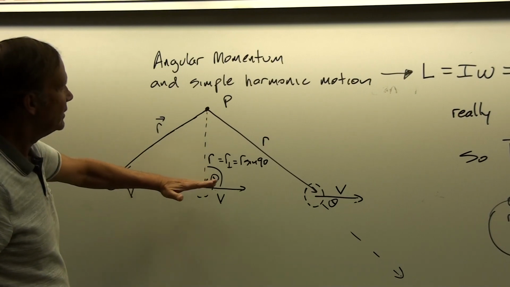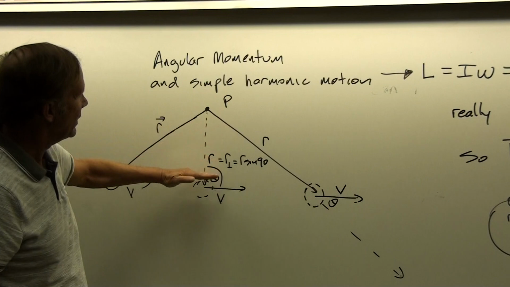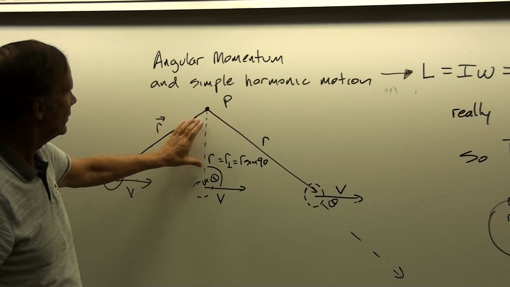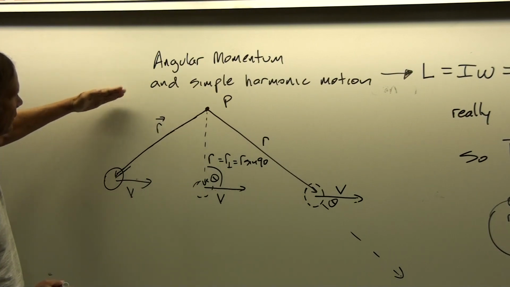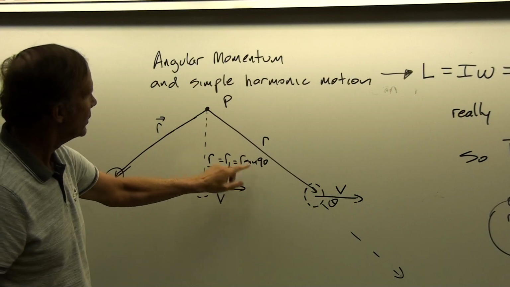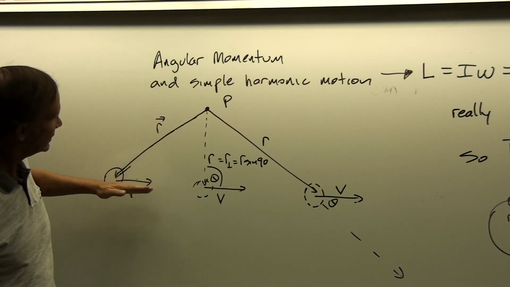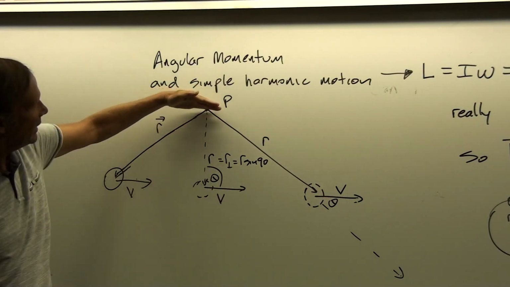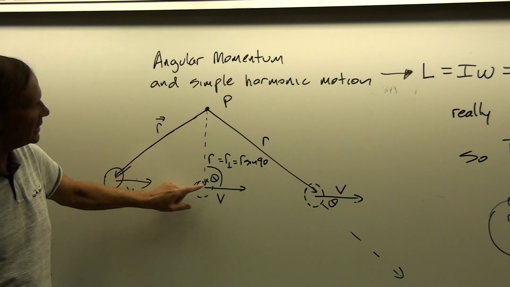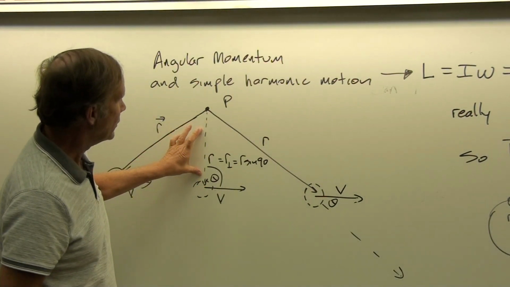But as this thing moves, there is one value for r that remains constant, and that's the perpendicular part of r. So in other words, here we have a parallel part for r and a perpendicular part for r. But the perpendicular part is this part here. Okay, and so if we just extend this momentum vector and draw a line that goes from the point P to where it intersects that momentum vector at a 90-degree angle, this gives us our r perpendicular.